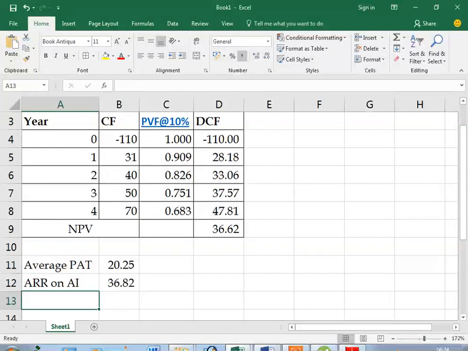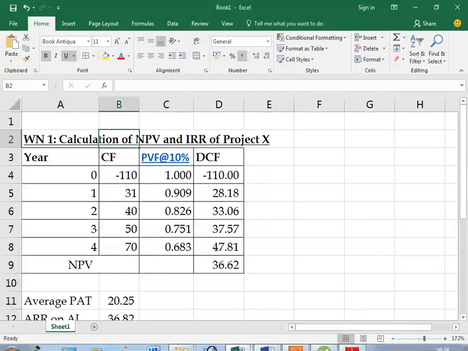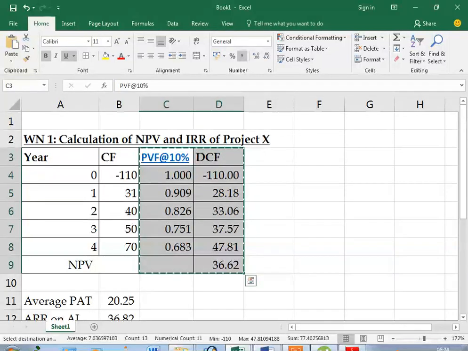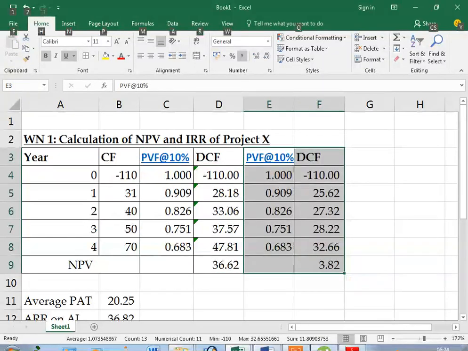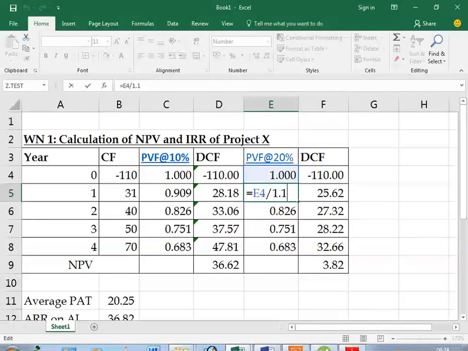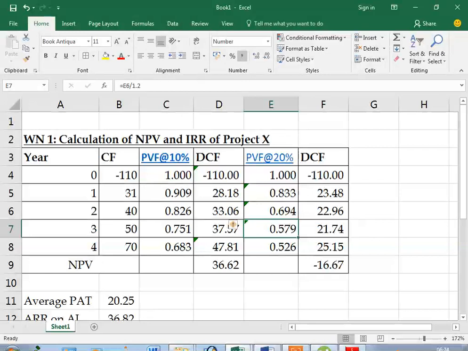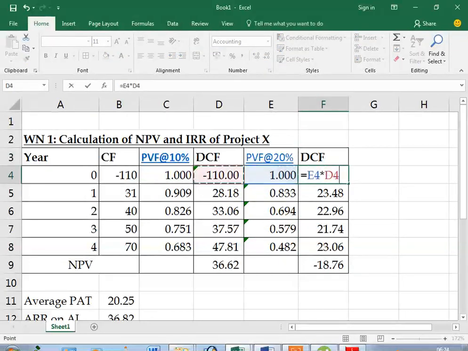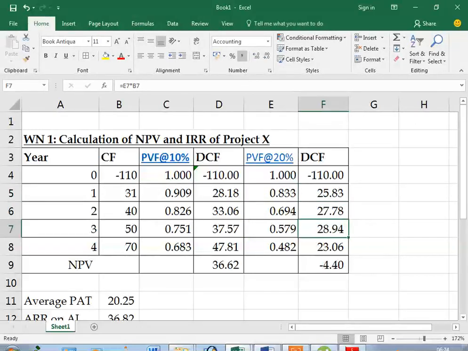The answer will be more or less closer to 24. So try 20%.